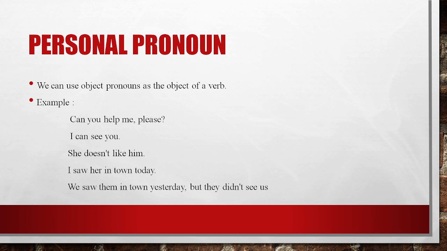Him is also used at the end of a sentence. I saw her in town today. So here her is at the end of the sentence. We saw them in town yesterday, but they didn't see us. So we can use object pronouns as the object of a verb also.